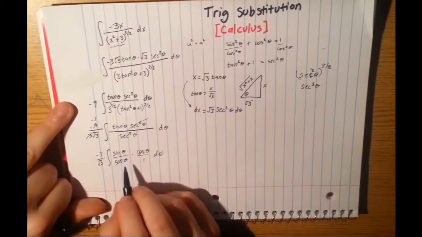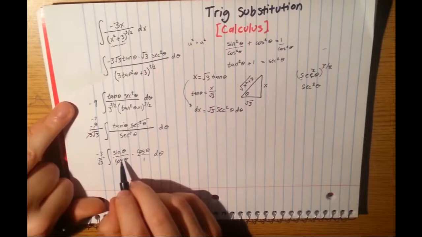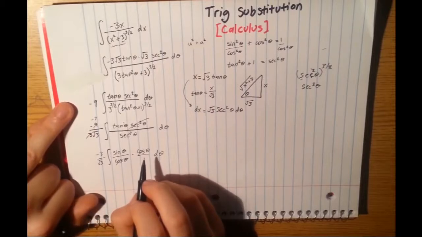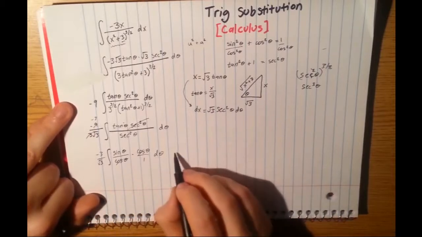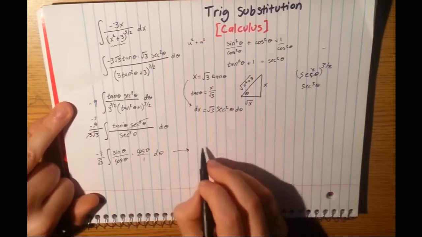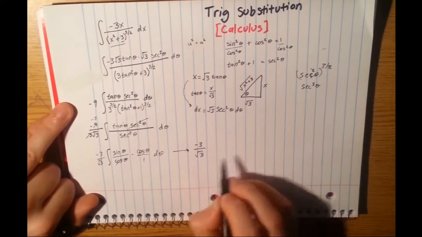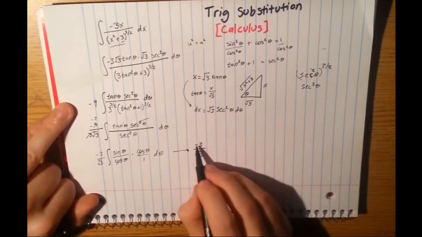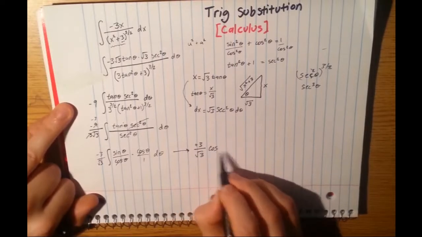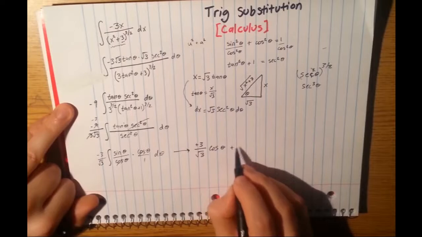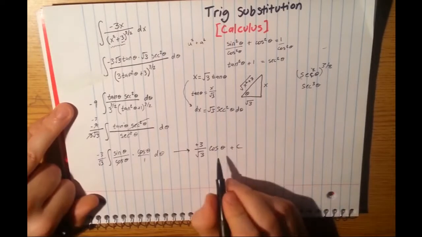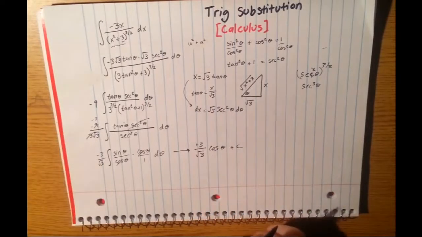So I'm going to be integrating sine theta. That's, of course, negative cosine theta. So let's move over here, we're going to get negative 3 over root 3. Oh, wait, that's a positive. Cosine theta plus c. Okay, so we're almost done.